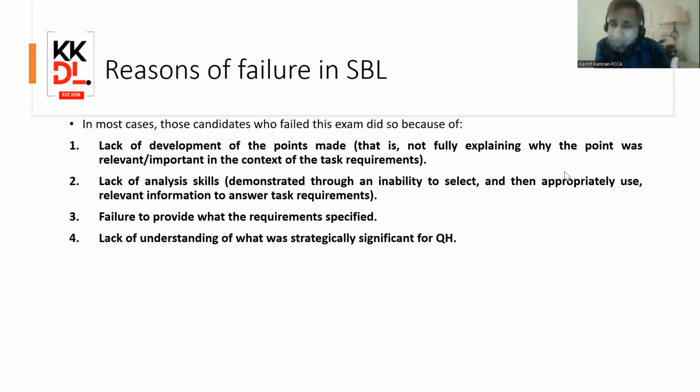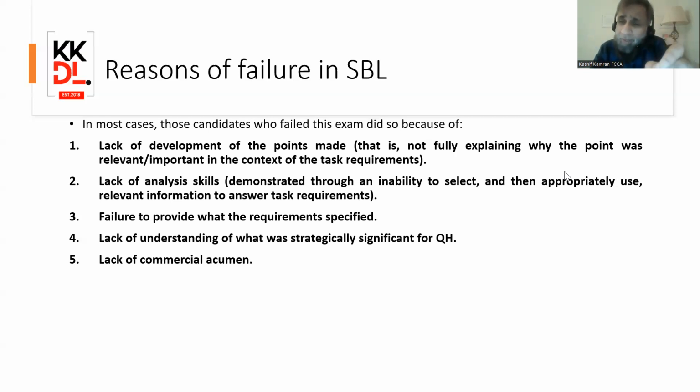So: lack of development of the point, lack of analysis skill, not analyzing the information very well from the case study, which should then be put into the answer, failure to provide what the requirement specified, or lack of understanding of why something was strategically important for QH in the context of the particular exam we're discussing here.